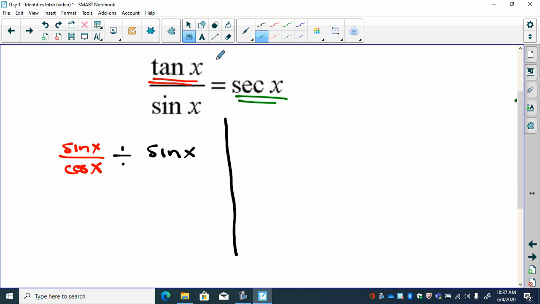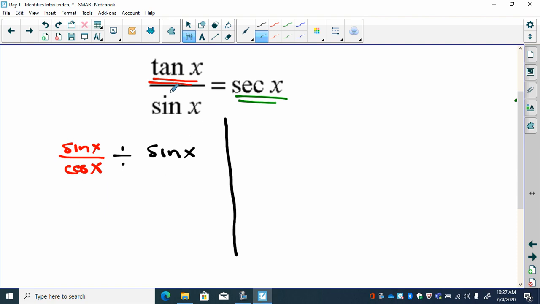Now, you might ask, well, why did I use sine over cosine as opposed to 1 over cotangent? Well, the reason I did that is because there are no cotangents to work with on the left-hand side that I could simplify.